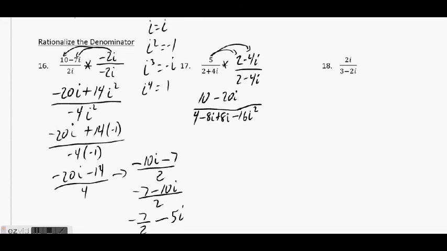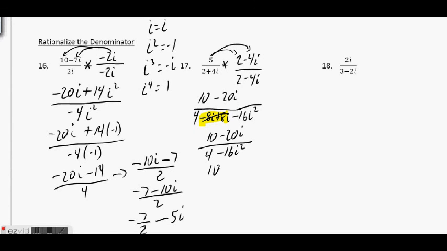Now, did you notice that? Hopefully you noticed that. What's going to happen there is they're always going to cancel each other out. So I have 10 minus 20i all over 4 minus 16i squared. Well, again, remember i squared is negative 1.